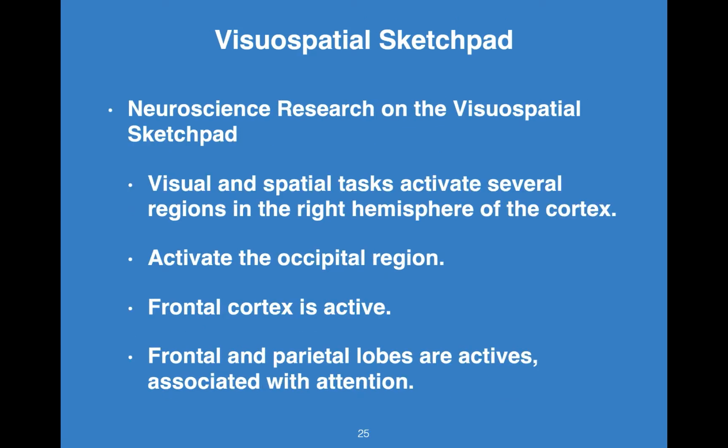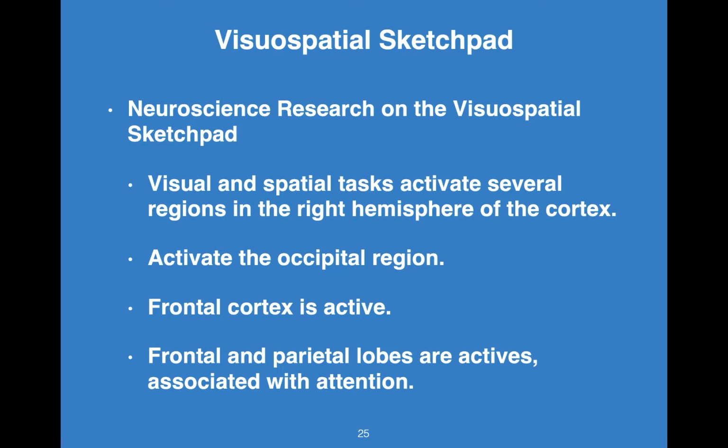There has been neuroscience research on the Visuospatial Sketchpad. Visual and spatial tasks activate several regions in the right hemisphere of the cortex. Also, the Visuospatial Sketchpad activates the occipital region. You need to see first, right, for the Visuospatial Sketchpad. Also, the frontal cortex is activated too.